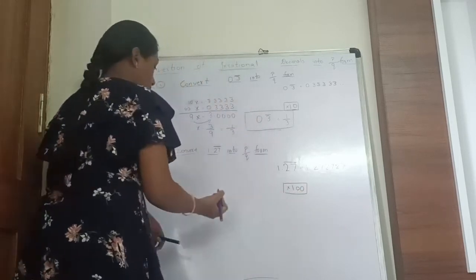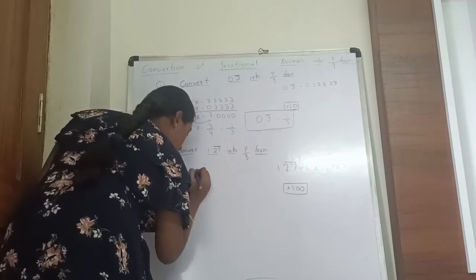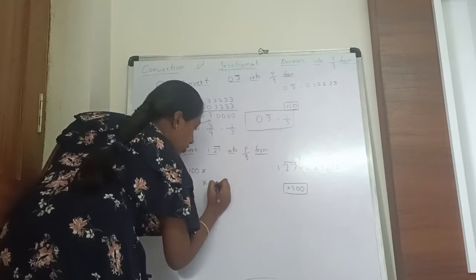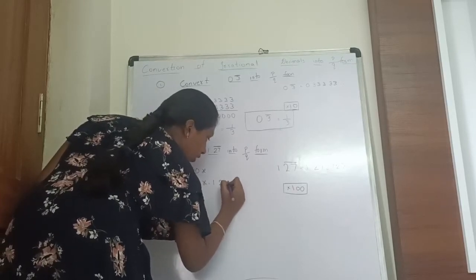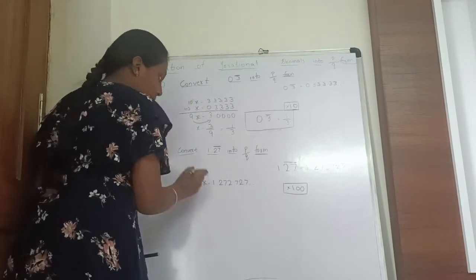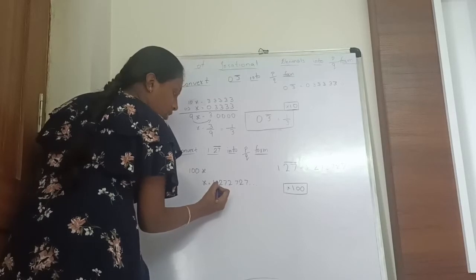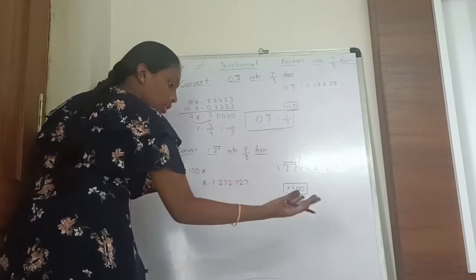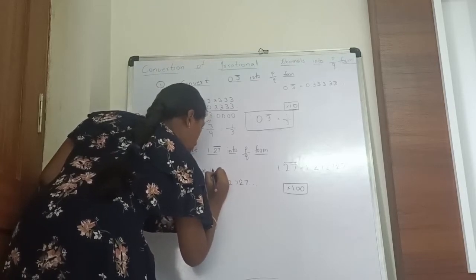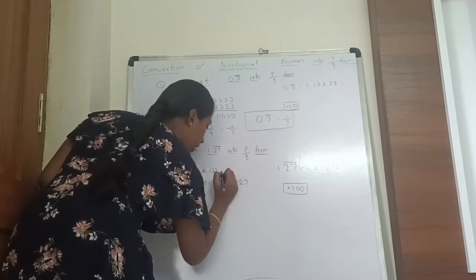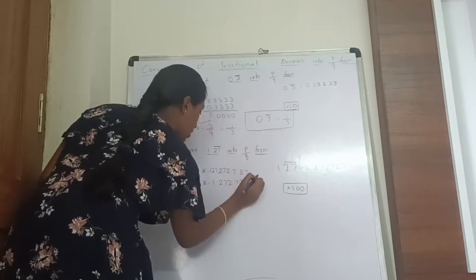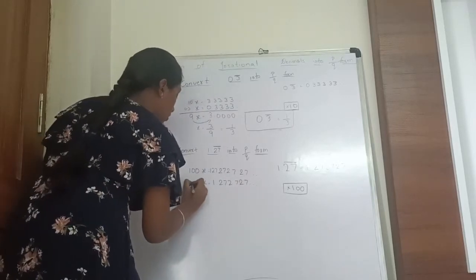So that means 100x. So x equals 1.272727 etc. Then what is 100x? As there are two zeros, the decimal point moves 2 steps to the right, so that will be 127.272727 etc. Again we have to subtract.